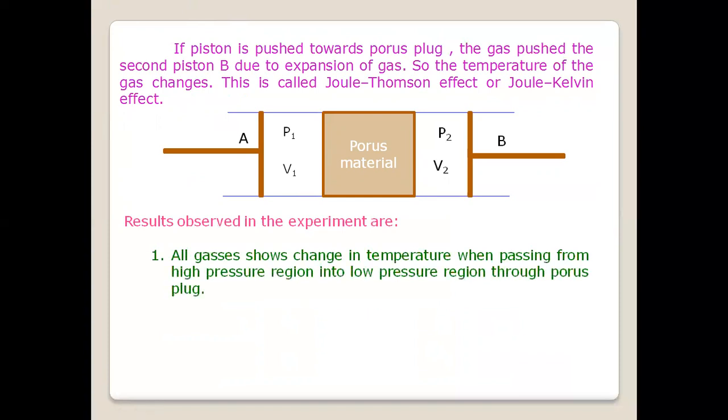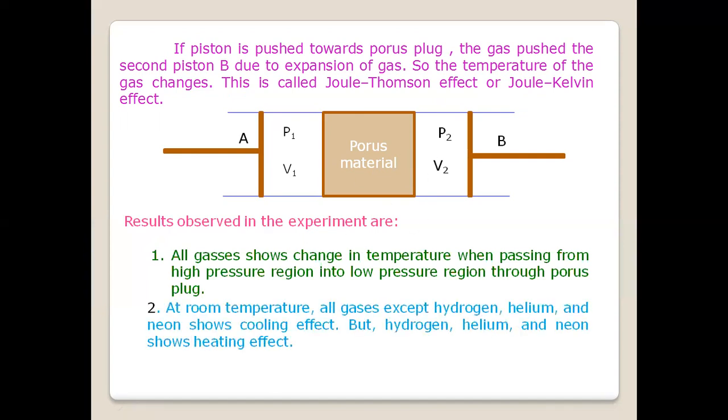Using this experiment, Joule and Thomson observed that all gases except hydrogen and helium show a cooling effect, but all gases, including hydrogen and helium, show a change in temperature. So the first point observed by them is that when the gas passes through the porous plug from the high pressure region into the low pressure region, the temperature changes.